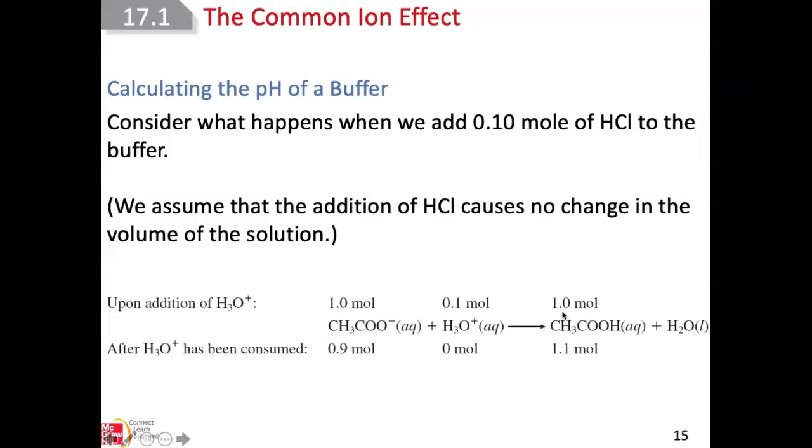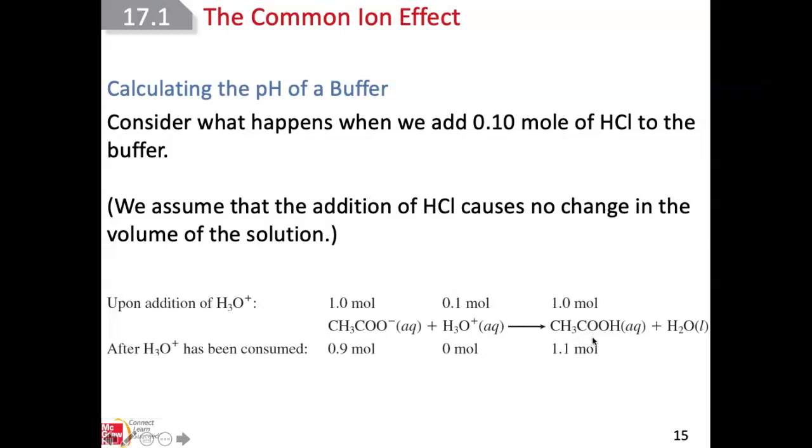Now you will make a little more acid. It was 1 molar before the addition of HCl. Now it will make a little more of this acid, 1.1 mole. So at the end of that, you see, I do not have H3O+ left.